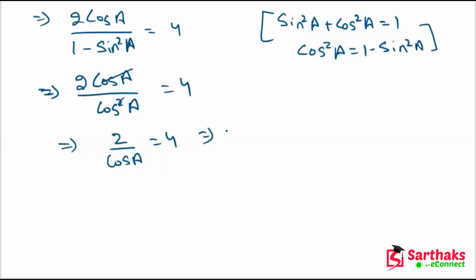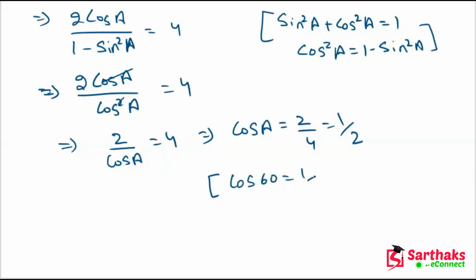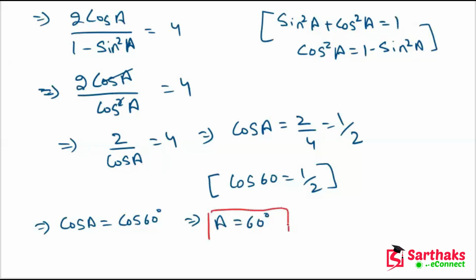So cos A is equal to 2 upon 4, which is equal to 1 by 2. We know that cos 60 is equal to 1 upon 2, so we can write cos A is equal to cos 60. If we compare this, we get A is equal to 60 degree.